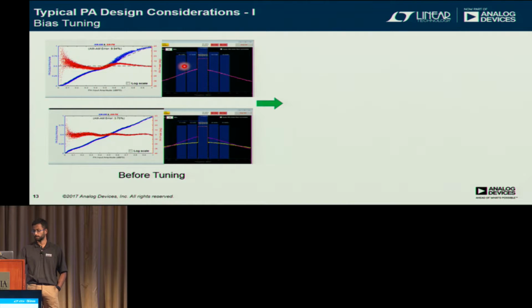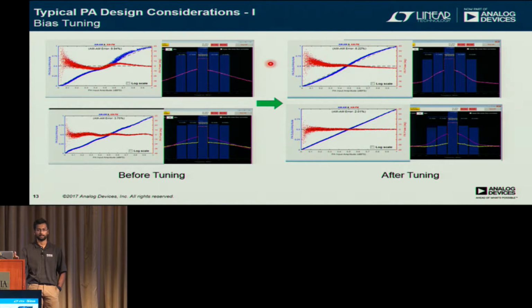You can tune the biases of the PA that are available to you, because it used to be you could tweak the matching networks between different gain stages to extract more efficiency or more linearity. But if you're only left with some bias knobs, then that's all you can play with.